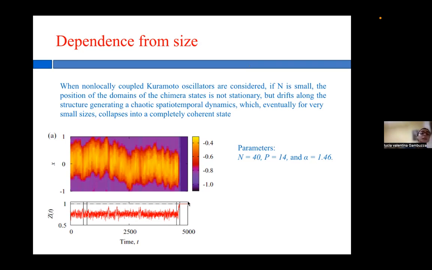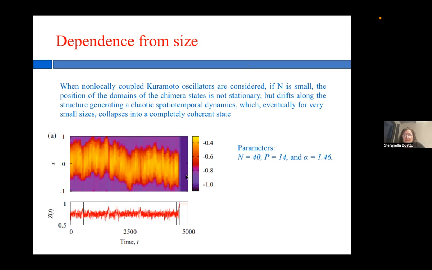But there is a critical number, and this critical number depends on the dimension of the system. Yes, I want to answer this question with another setting, because we have surprisingly found a chimera state in a network of just 10 units.